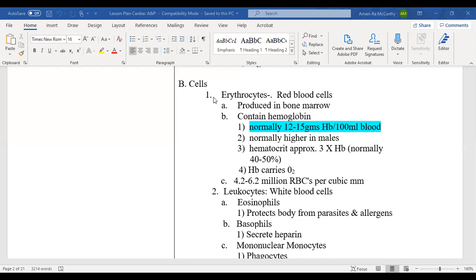Somebody tell me one reason why it would be higher in men than it is in women. Let's see, Courtney, can you tell me one reason why it's higher in men than women? Is it because of hormones like testosterone? Kinda, but not what I'm looking for. But you're on the right track. What about you, Brittany?